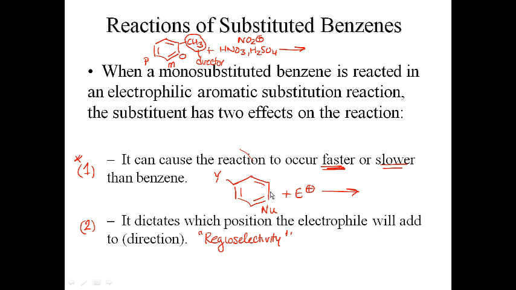Let me restate the question. How do you make this ring more electron rich? Let's put a group on here that pushes electron density into the ring. And that'll make the ring more electron rich, more nucleophilic. It'll react faster with the electrophile. Does that sound reasonable? Now we just have to talk about how the groups do that, but in theory that's what we do. Well, a group that pushes electron density into the ring is called an electron donating group.